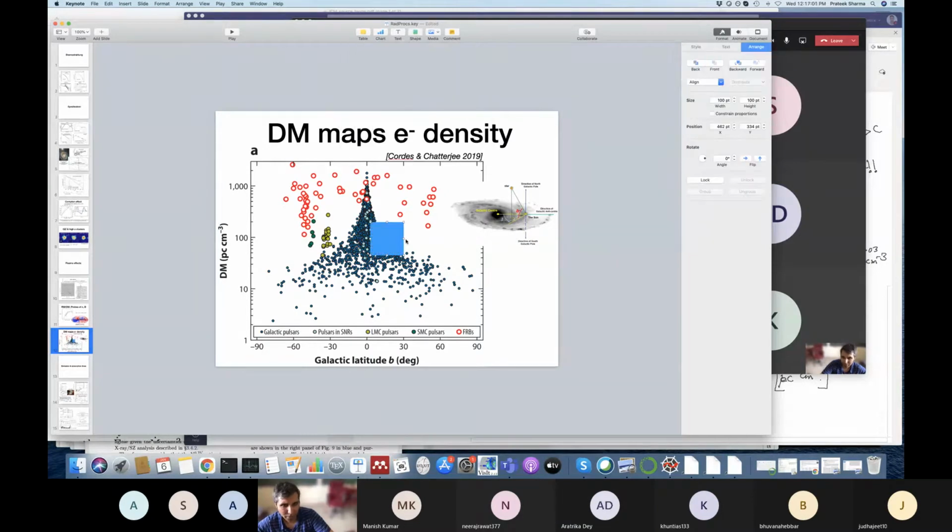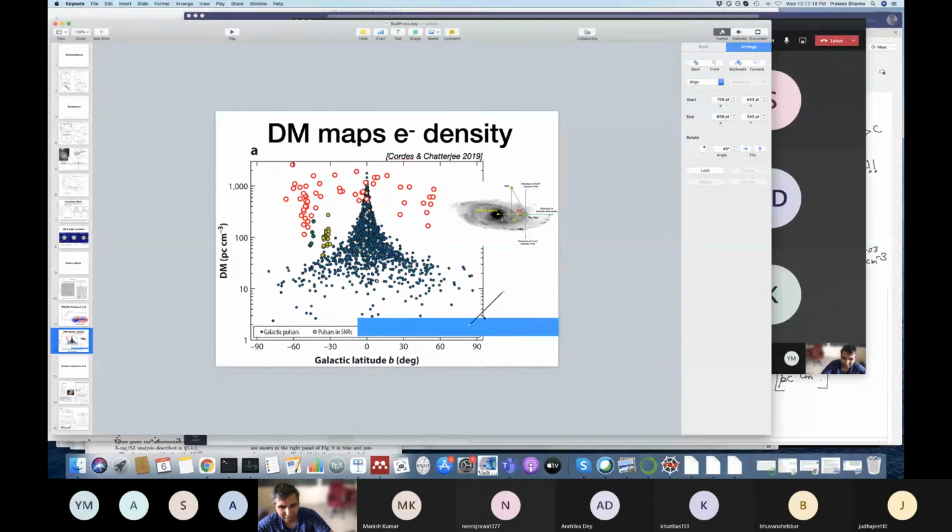Take the interstellar medium like this. It is like a disk. If you're looking in some direction, this angle is b.